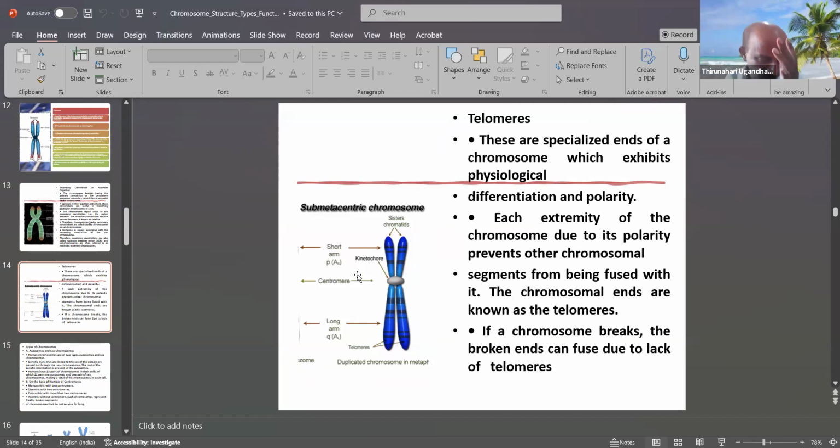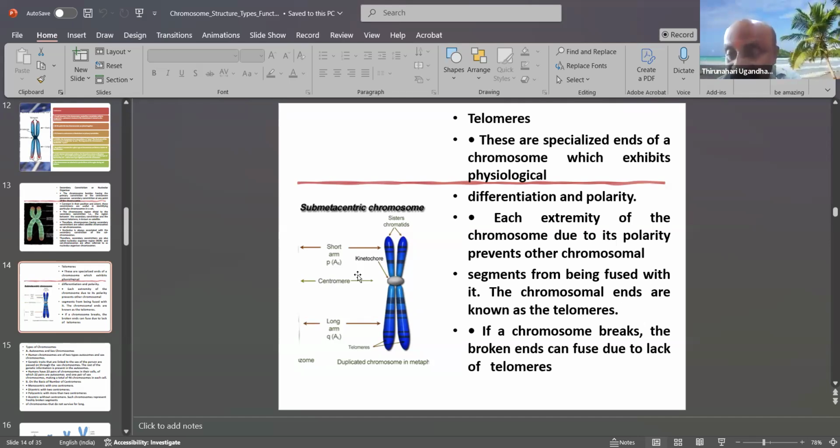Due to its polarity, each extremity of the chromosome prevents other chromosome segments from being fused with it. The chromosomal ends are known as the telomeres, the last part of the chromosome.